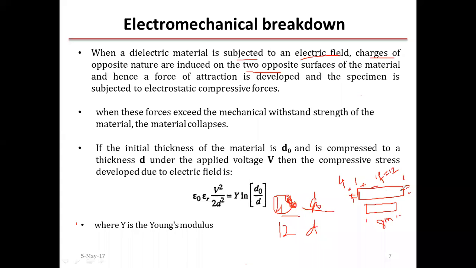If the compression occurs from top to bottom, it will be thinner than the original. The electrons will be deposited over here, and this causes the shrinking of this material.